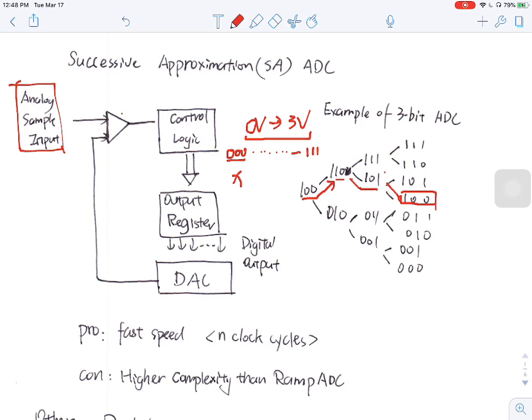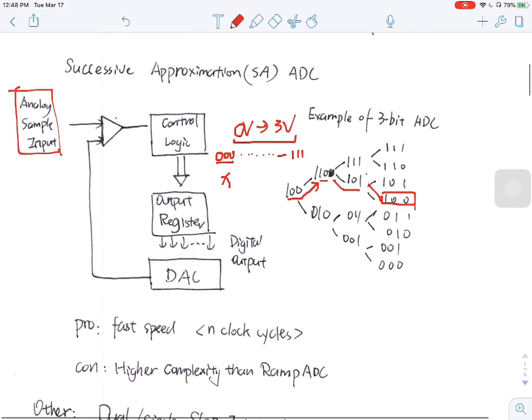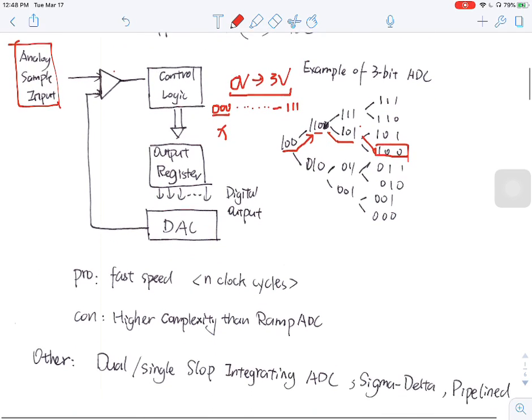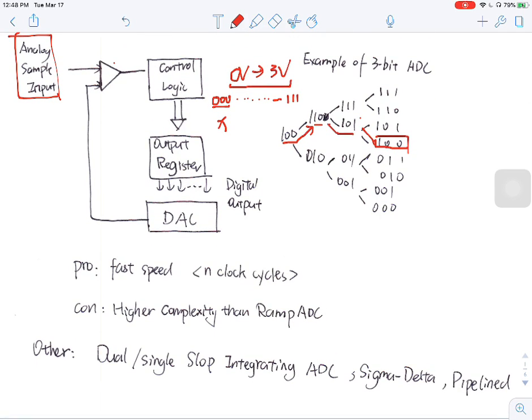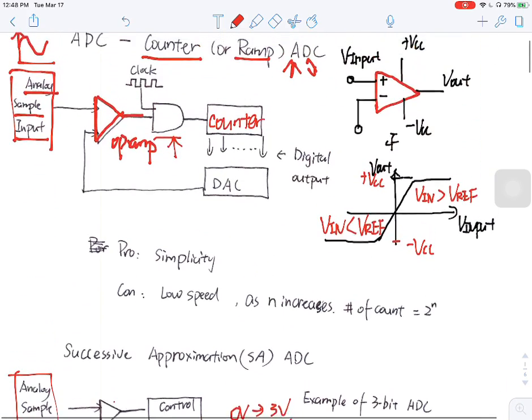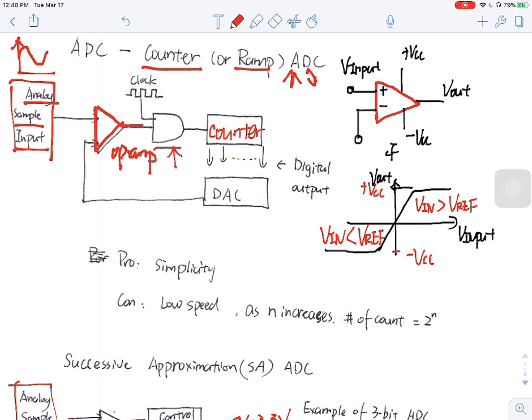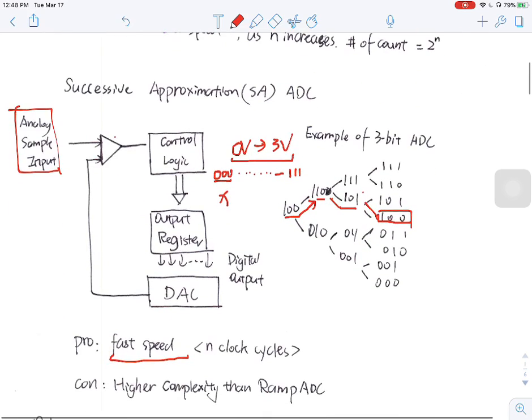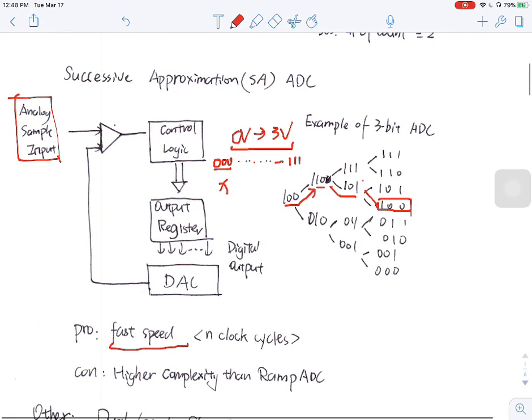So this SA ADC is very fast, because if you compare it with a ramp ADC, you have to count the number all the way from 000 to whatever that number is. This SA ADC only needs n clock cycles, where n is the number of bits of the ADC.